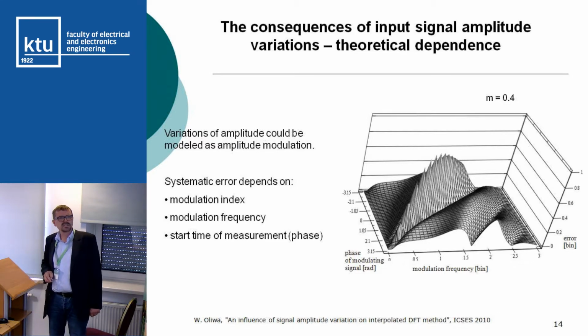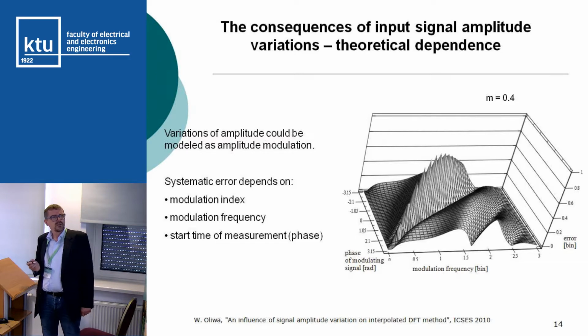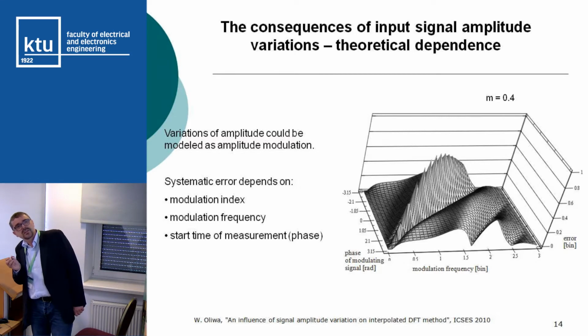In such a case, the systematic error depends on modulation index. On this figure it was 0.4, modulation frequency, and the modulation phase. It can be seen that the greatest systematic error occurs in this region.